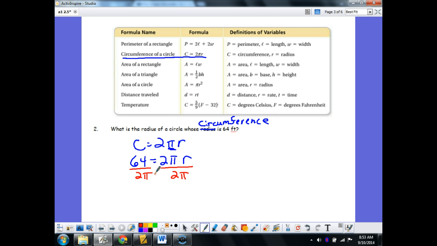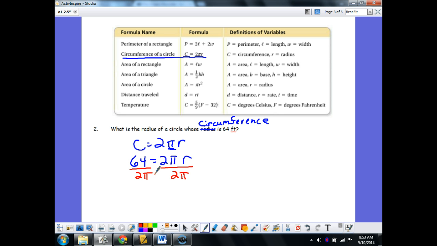That noise was me getting a calculator. So 64 divided by 2 pi. And on a lot of your calculators, you have an actual pi button that you can use. Please use that. It makes the answer a little bit more precise than just using 3.14.